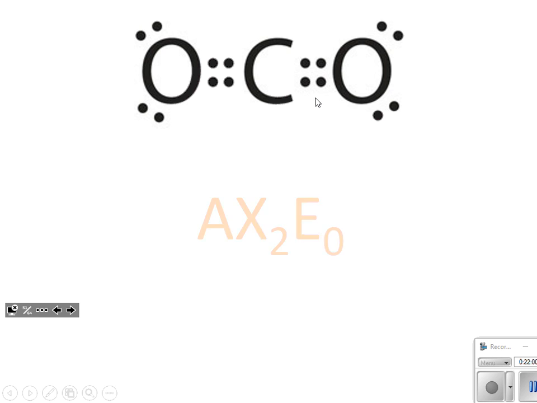So, AX2E0. I want you to find this and tell me what shape we're dealing with here. We're dealing with linear? Wrong. Too many. There's too many there. Okay. We're dealing with linear.